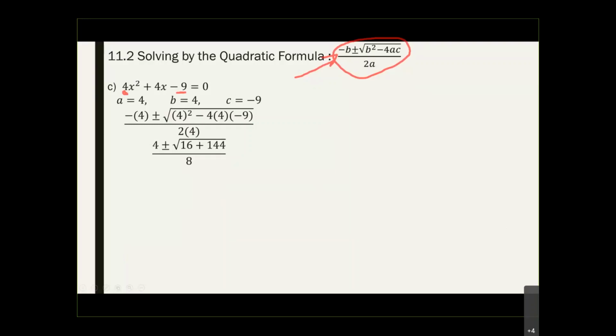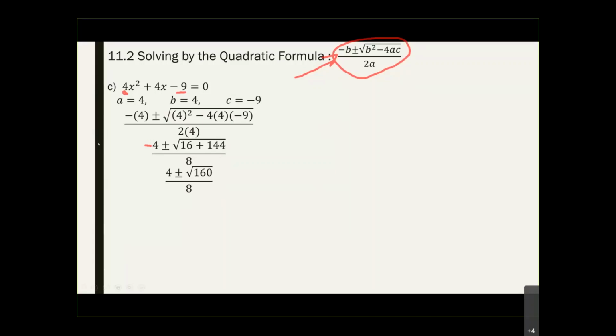I forgot to put a negative out here. It's supposed to be -4, ladies and gentlemen. -4 plus or minus the square root of 16 plus 144. 4 times 4 is 16, and 16 times 9 is 144. All over 2 times 4, which is 8.